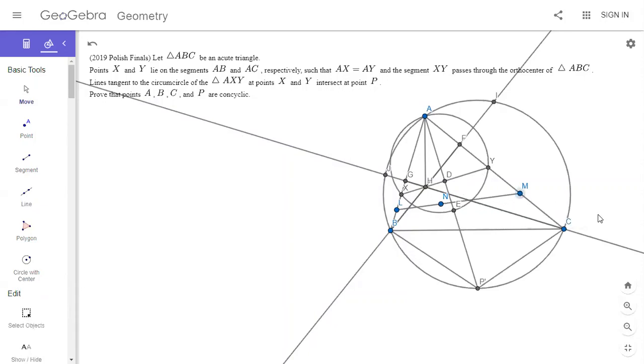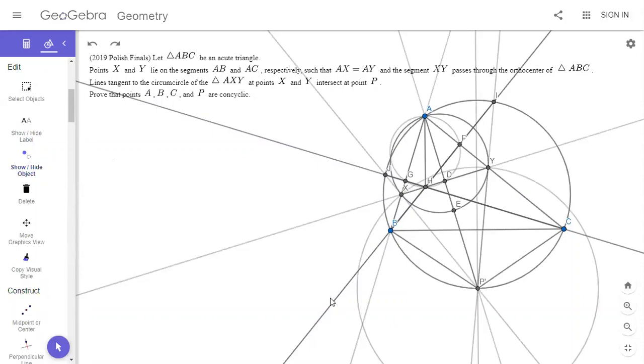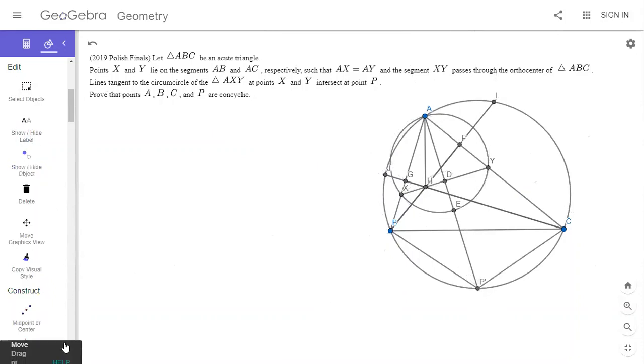So, let's see. Okay, sorry, I'm going to hide a couple things. Okay, so by Pascal's theorem, JX and IY are concurrent at a point P prime.